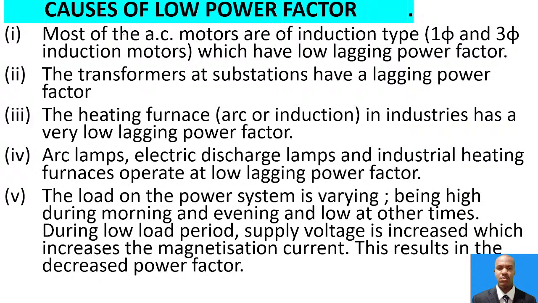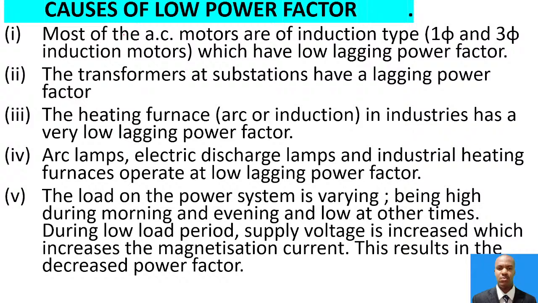Then the other cause of a low power factor is the varying load, or the change in load. In most cases, the load in a power system is not constant; it keeps changing.